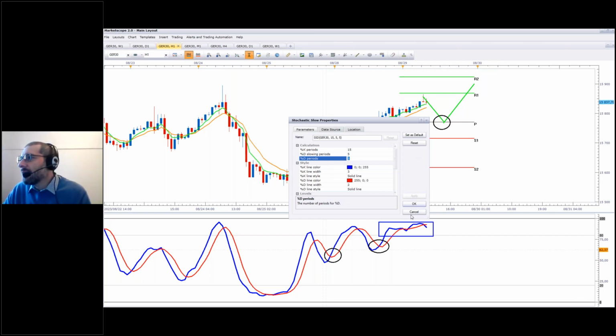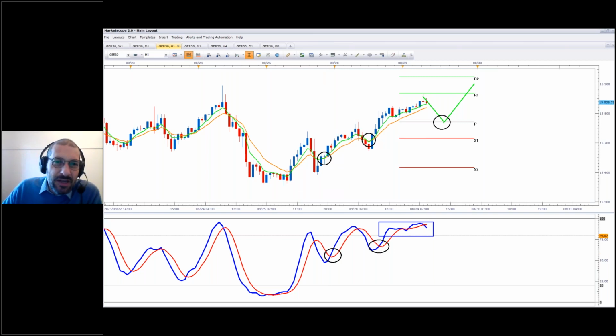Okay, cool. Is there an inverse relationship between the DAX and the euro US dollar? I think that's a very good question. I'm not sure there is, Raj. In fact, I think the dollar overall is a safe haven.